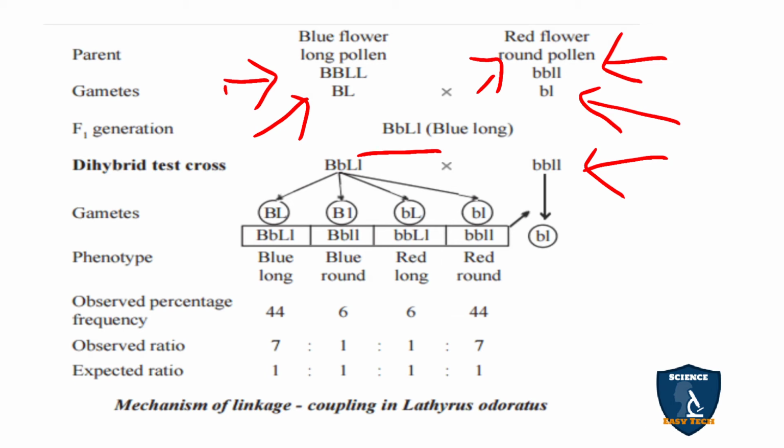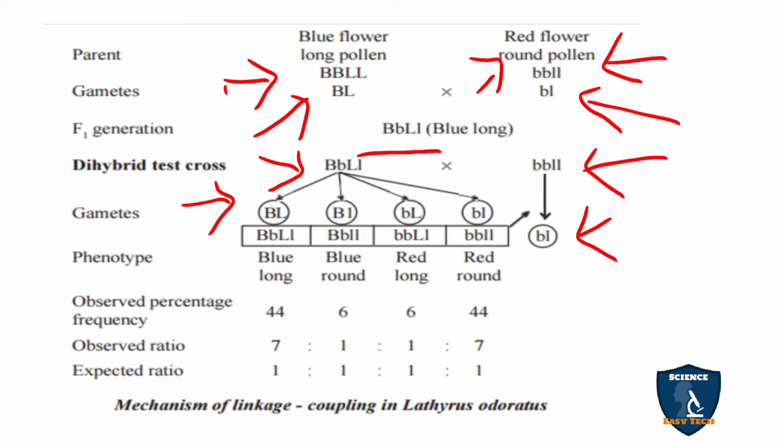The gametes from the F1 are capital B capital L, capital B small l, small b capital L, small b small l, and from the recessive parent you get small b small l.